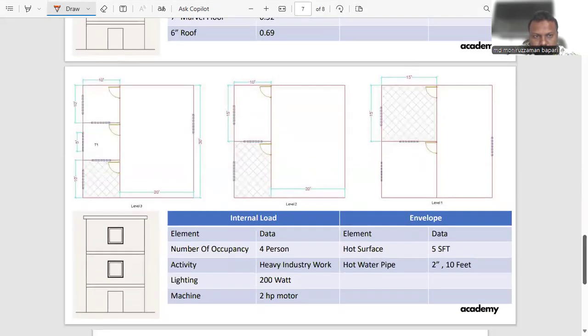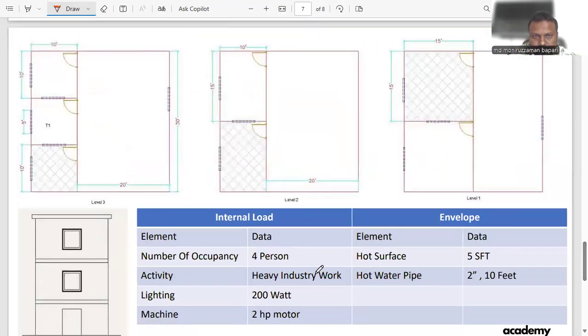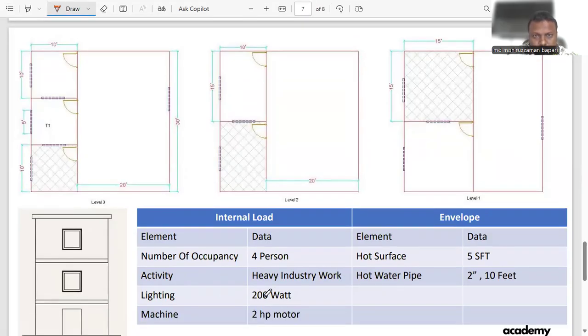And if there is some extra attention required, for instance, for internal load, how many people are inside, what they are doing, if they are doing light work or any heavy work. For lighting load, to put the lights on, you need to put some load, right? For lighting it is 200 watt. Machine, let's say there is a 2 horsepower motor inside.